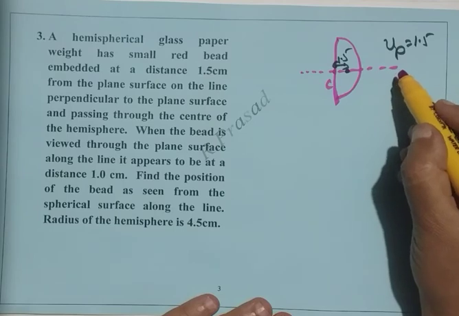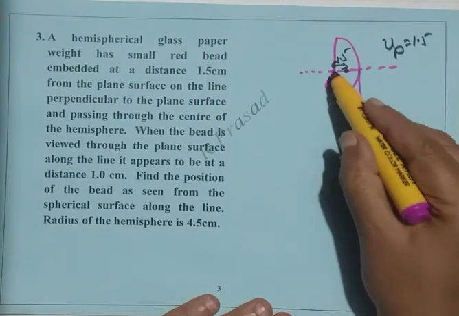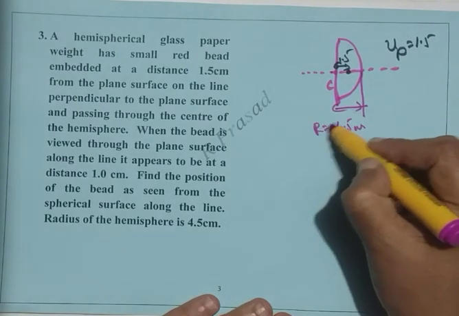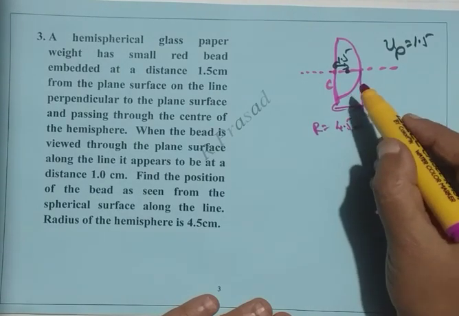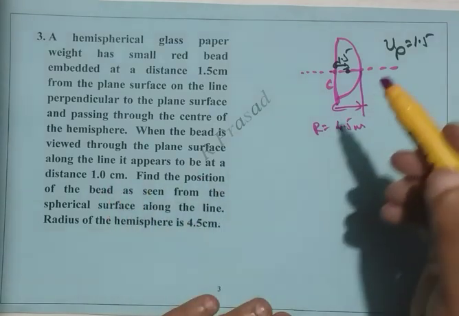say now as the radius of curvature given to be 4.5 centimeters, that is R. Now, and also it is given there, it appears to be at 1 centimeter from the plane surface.